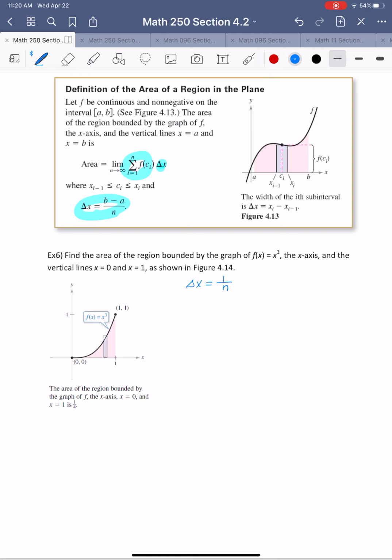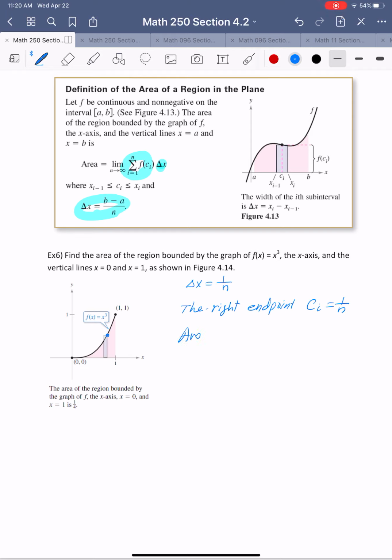According to the definition of the area, you can choose any x value in the ith interval. This time I'm using the right endpoint. So the right endpoint, c_i, equal to i over n, which is convenient to use.